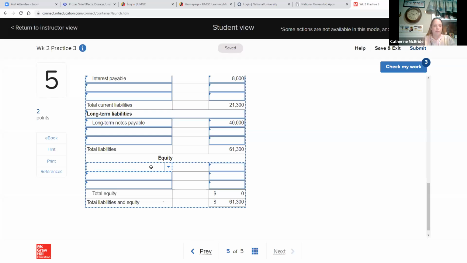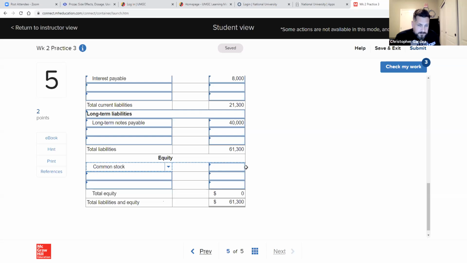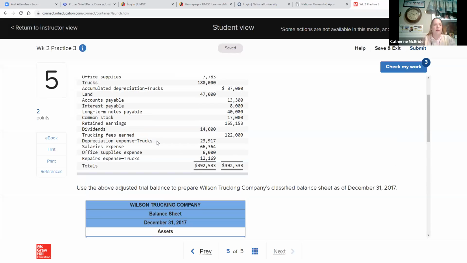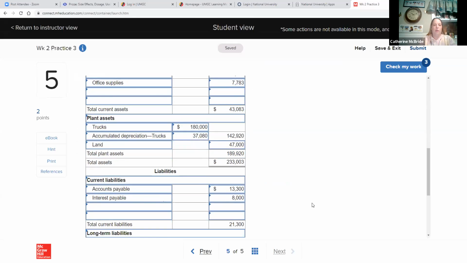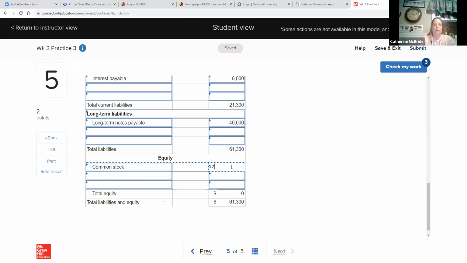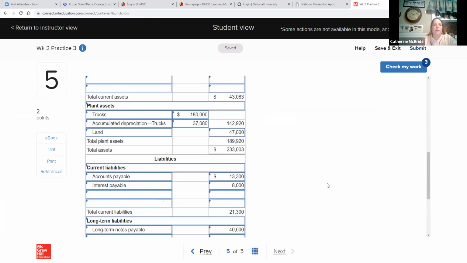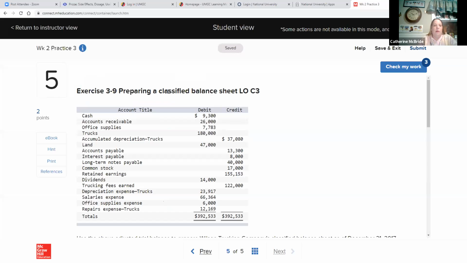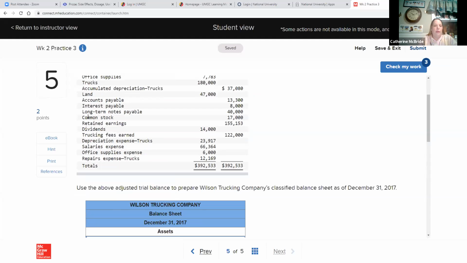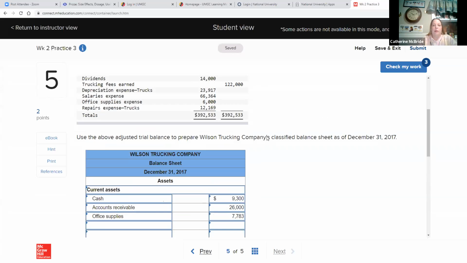Now we have equity. Common stock. How much is that, by the way? 17,000. And retained earnings. 153. 155,153.